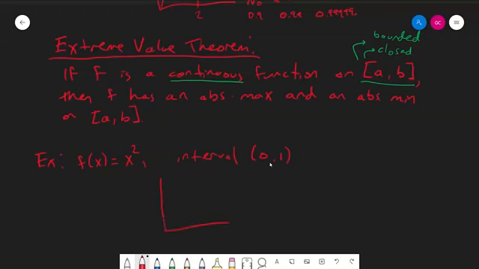So I have the usual bit of parabola here, but at x equals 1, I've snipped that point away. I'm only allowing inputs that are between 0 and 1, but not including 0 or 1. So I have a hole at both ends, and it's the same problem that we saw before. There's no maximum here. There's a ceiling. No output gets higher than 1, but you can get as close to 1 as you want. So there's no absolute maximum here.